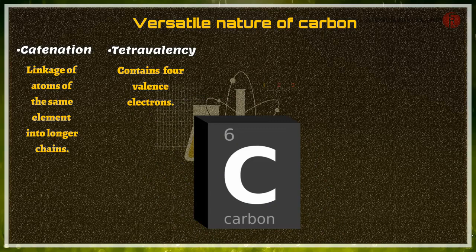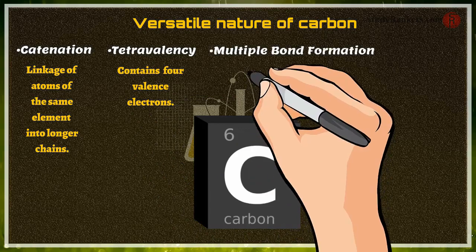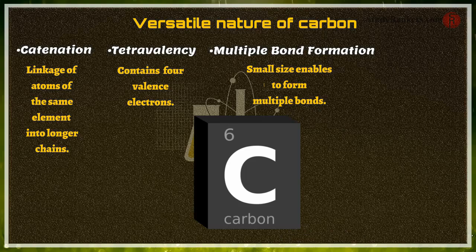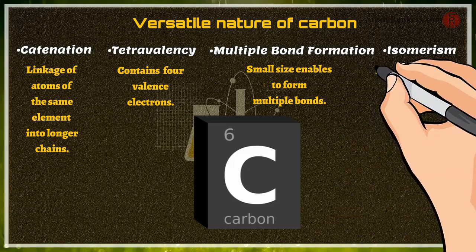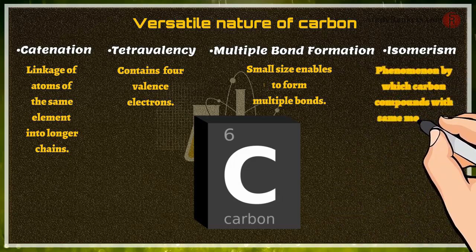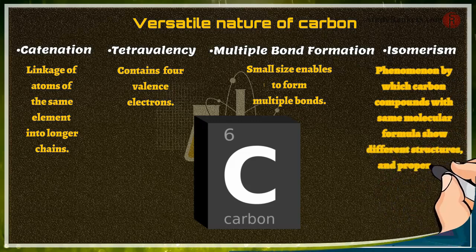That means the valency of carbon is 4. A carbon atom can form covalent bonds with 4 other atoms. Another property of carbon responsible for its versatile nature is isomerism. It is the property by which carbon compounds having the same molecular composition exhibit different structures.